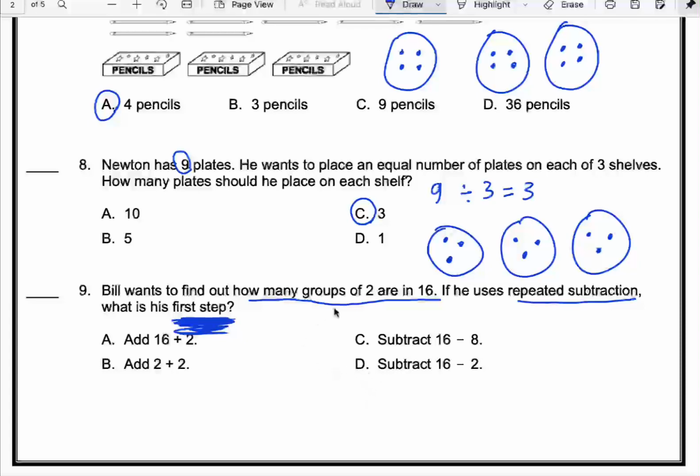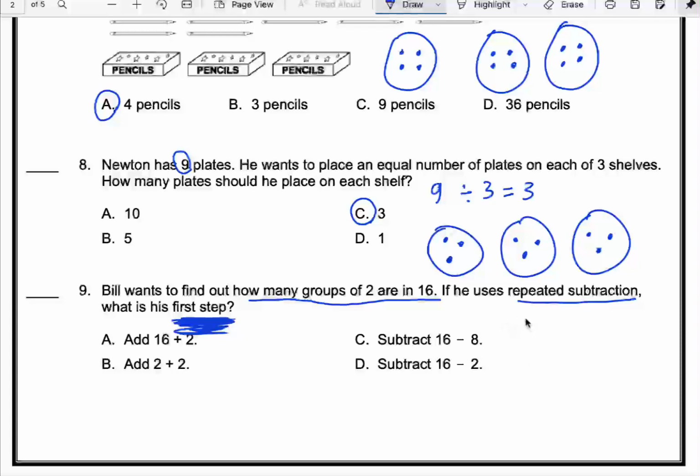My hero, we need to find how many groups of 2 are in 16. So we need to multiply 16 by 2 or divide 16 by 2. We need to find the number of groups.